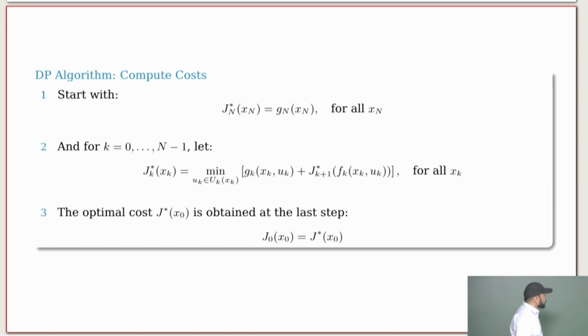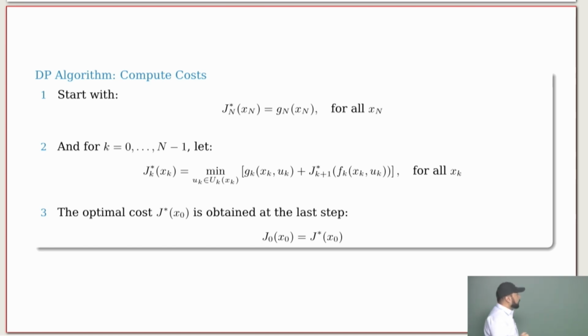So what does this step do for us? This step computes the cost for us. I know Jn, and then minimizing this gives me Jk star for all k, and finally I have J0. So from this I know J0, J1, J2 up to Jn. Okay, so we have this cost in hand.